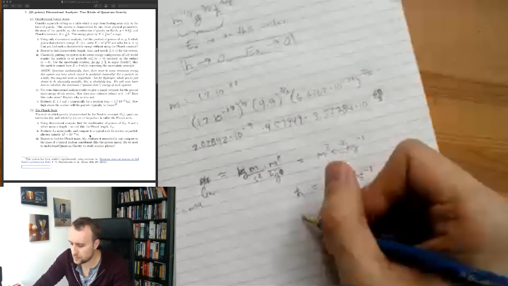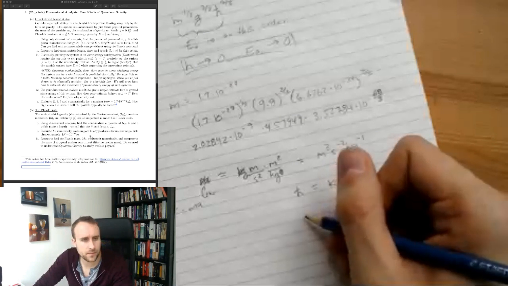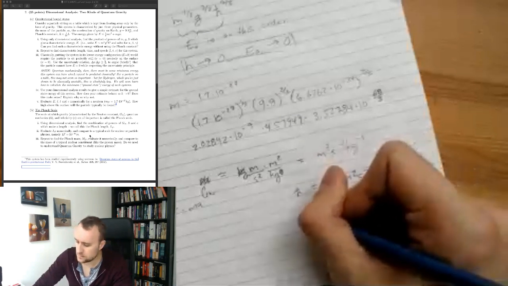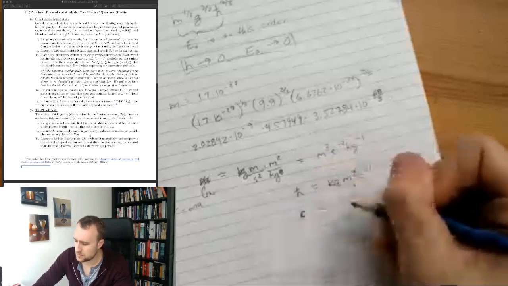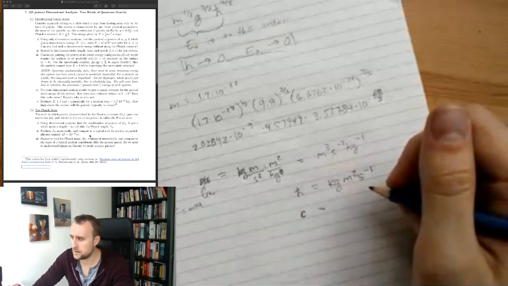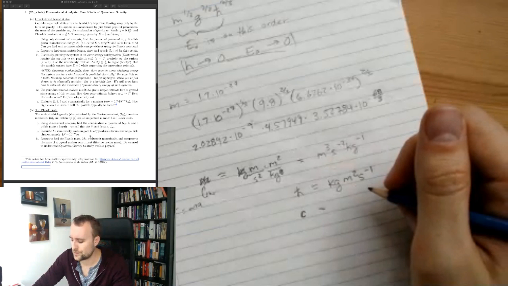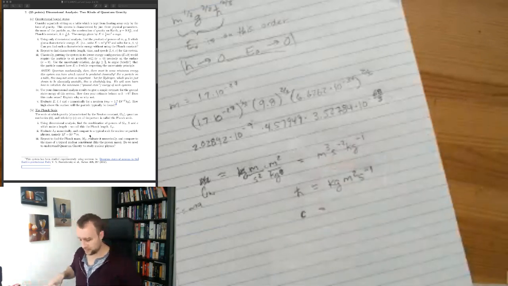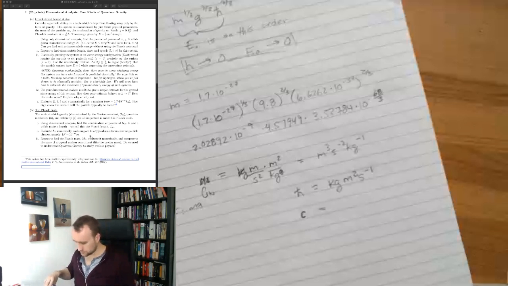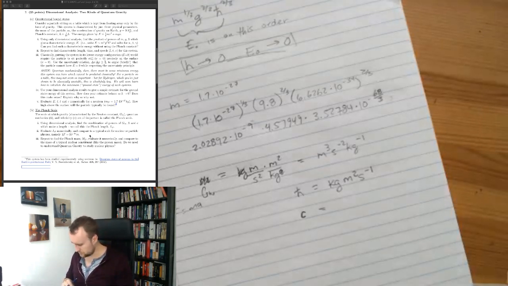And then what was the last one? C. Okay. C is, I think, meters per second. I'm going to feel stupid if I didn't get it right, but let's check. I think C is just the speed of light in a vacuum, so it should be meters per second.